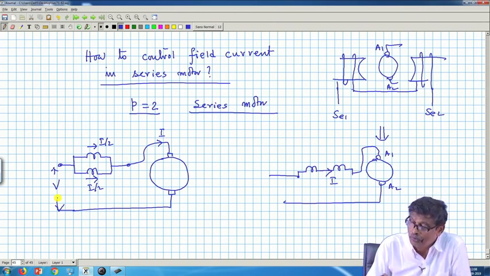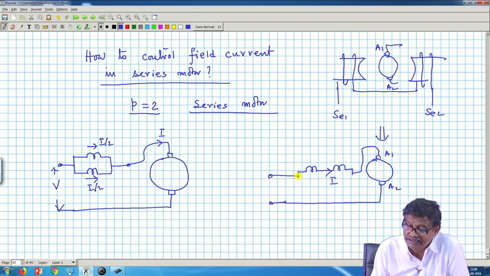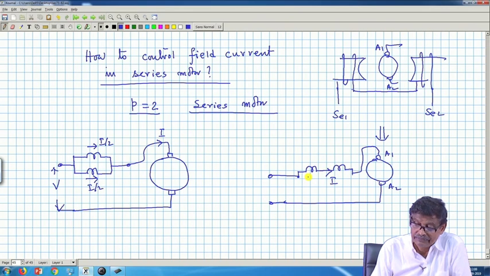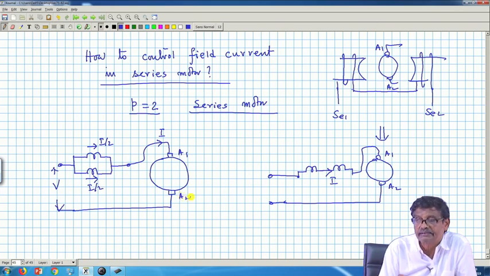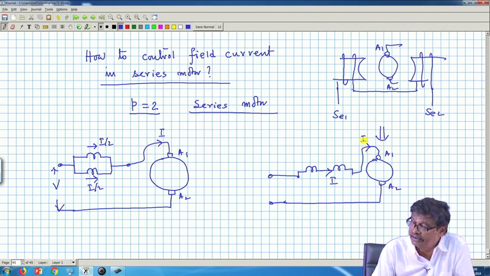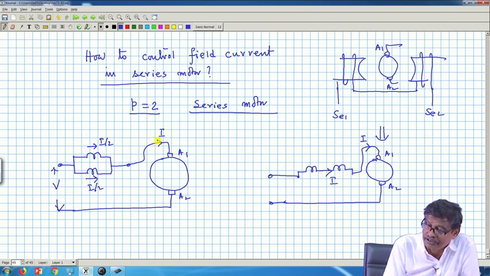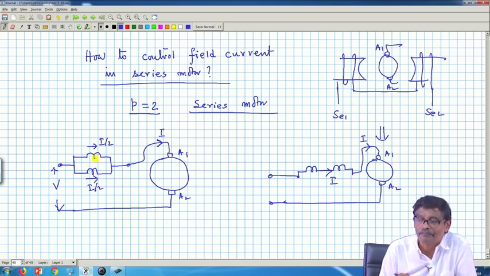So, a two pole machine having two coils, I can connect either in this way, or I can connect these two coils in parallel and then this parallel combination in series with the armature. Then for the same current I here, the current in these two coils are I by 2, I by 2.